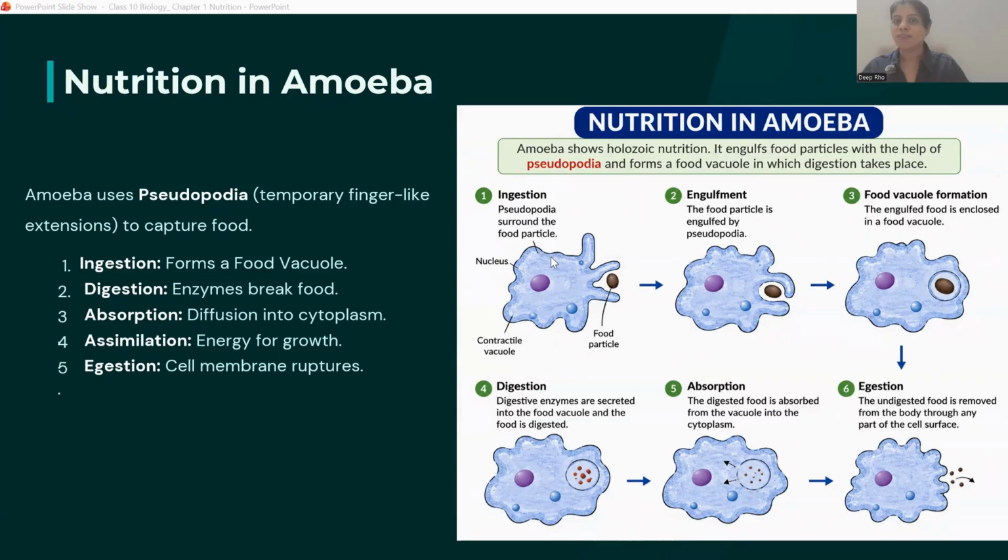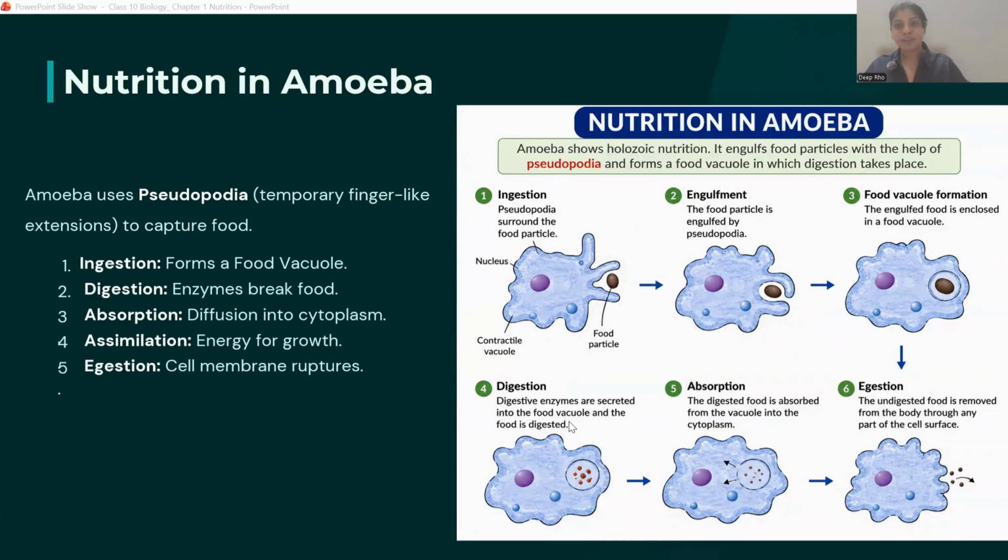Once it ingests a food particle, it makes finger-like projections called pseudopodia. Once it engulfs the food, it makes a food vacuole. After food vacuole formation, there is digestion. It secretes enzymes into the food vacuole.